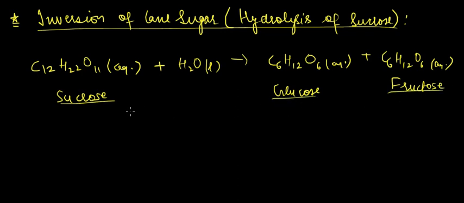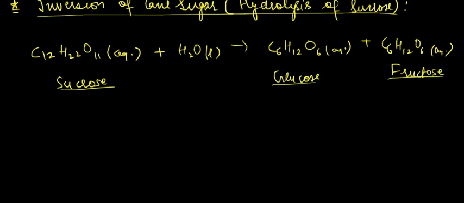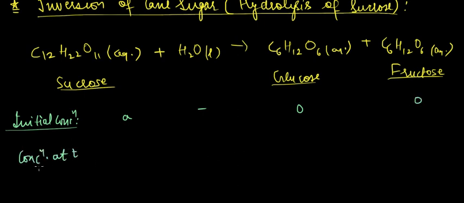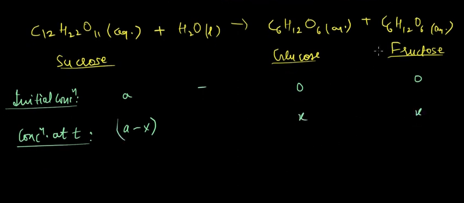Okay, so let's say the initial concentration of sucrose was A. Water is in excess, so we are not counting it, and glucose and fructose are not present in the mixture. Later, at time t, the concentration of sucrose would be A minus x, and the concentration of these two would be x.